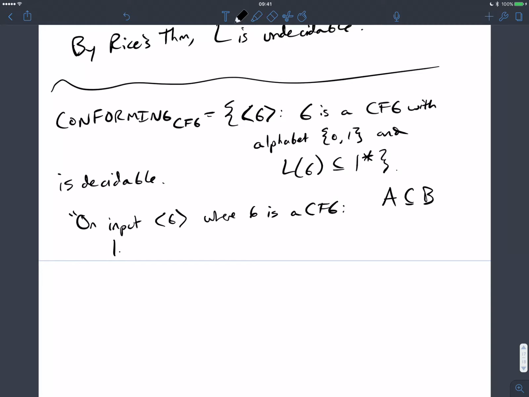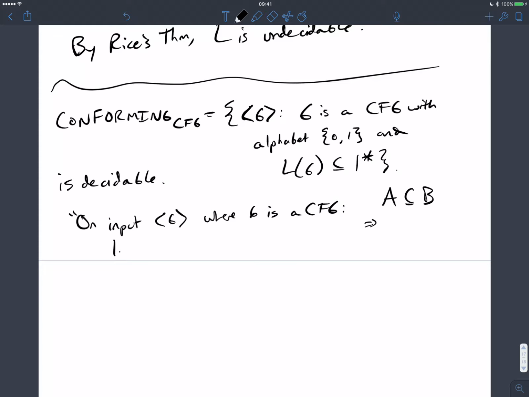There better be nothing that's in A and outside of B. If it really is a subset, there's nothing in A that's also outside of B. How do I determine what's outside of B? The complement of 1 star, or B in this case. And it's also in A.